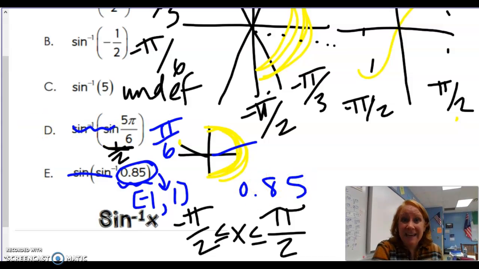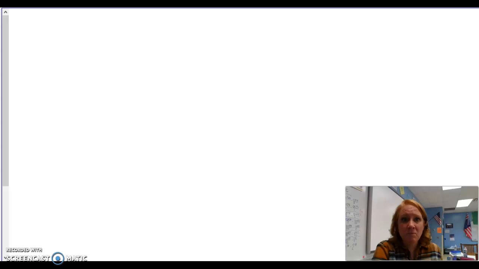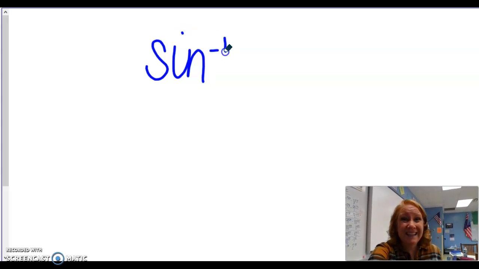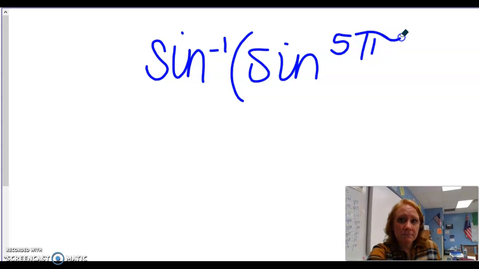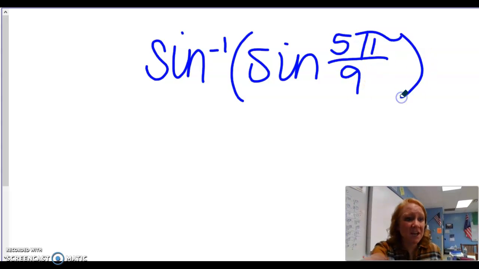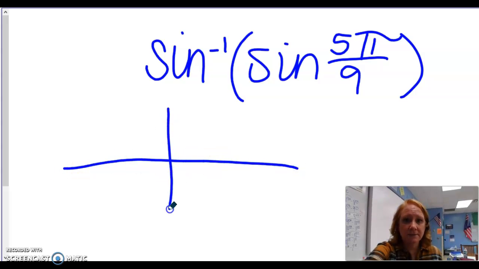Okay, I'm going to do a totally random one with this, but I'm going to make it look weird. I'm going to say sine inverse of sine of 5 pi over 9. And you're like, over 9? We've never done over 9. Yeah, that's totally fine. Okay, so here we go.